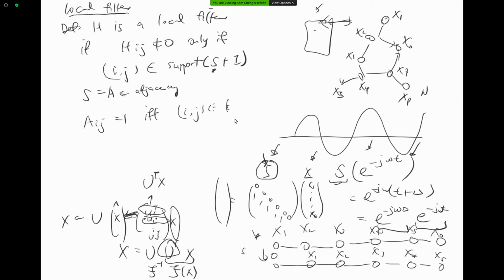Here I'm considering an unweighted graph. If I have a weighted graph, these can be just non-zero values, some kind of weights corresponding to the weight of the edge.